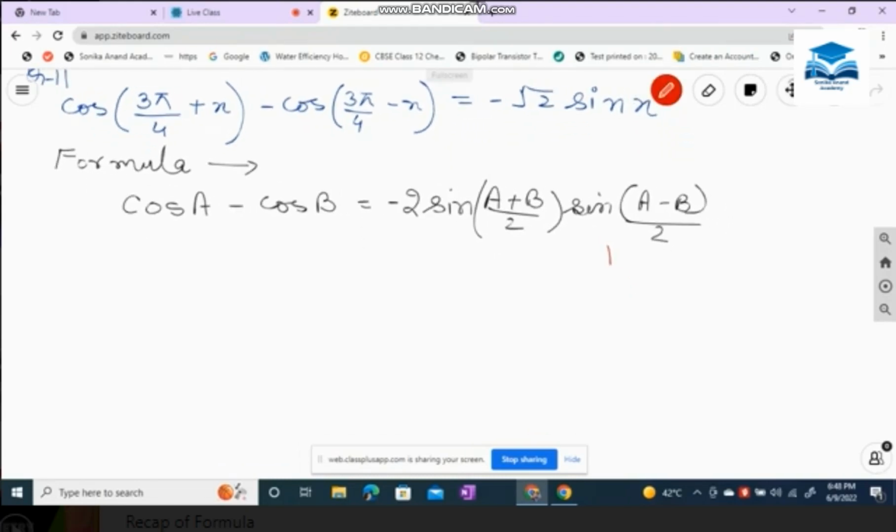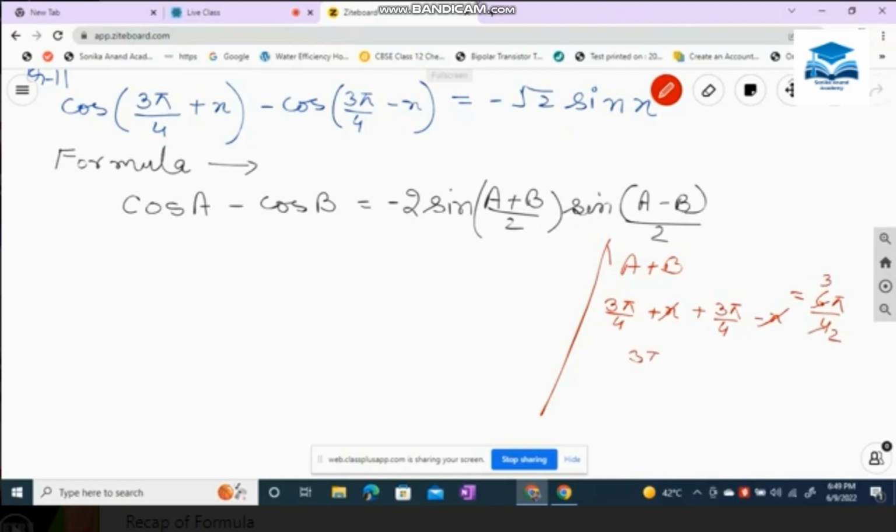Now, value of A is 3 pi by 4 plus x. Value of B is 3 pi by 4 minus x. So I find A plus B, which is equal to 3 pi by 4 plus x plus 3 pi by 4 minus x. X gets cancelled. It becomes 6 pi by 4, or you can say 3 pi by 2.